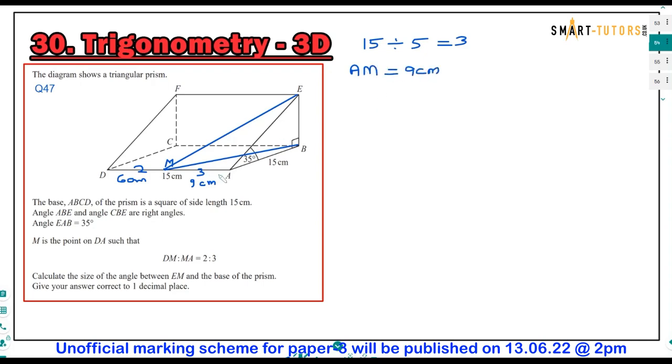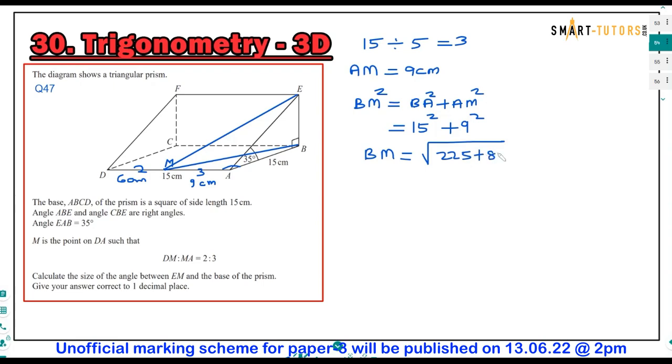And again, this is a right angle triangle at the bottom, right? We can find out BM squared equals BA squared plus AM squared. So BA squared is 15 squared plus AM squared is 9 squared. So BM is the square root of 225 plus 81.